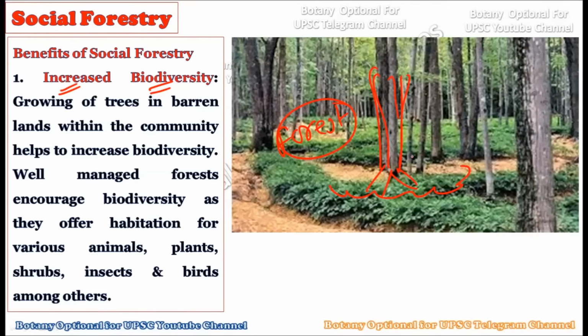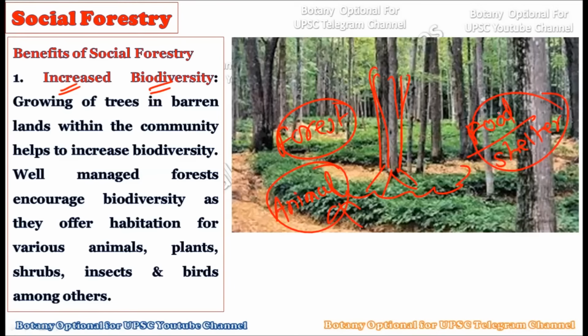Okay, and at the same time, once the large trees and the small trees are there, it will create the habitat for other living beings. Okay, whatever the habitat is created, different animals can use this habitat for their living purpose. So not only are they getting food out of it, they are also having shelter out of it, and that is why it becomes very, very important for animal life to have this forest.